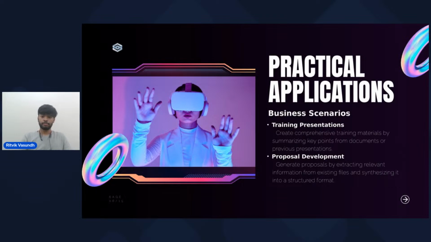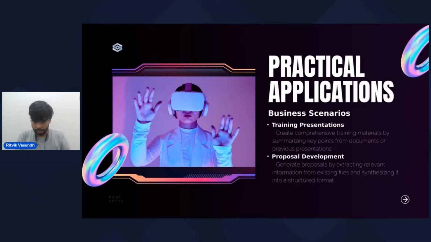It generates proposals by extracting relevant information from existing files and synthesizing it into a structured format. Suppose you have to develop a proposal for a company or a particular client, and you're not able to pitch it exactly. You're just too busy, and you want to do it immediately because the client might lose interest. So that's where this comes in.